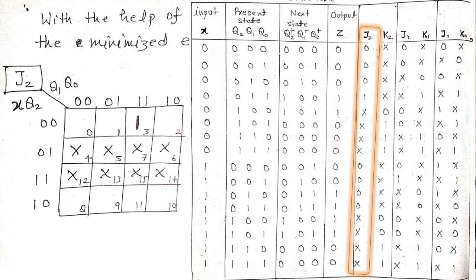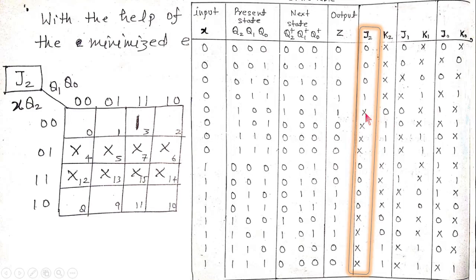literals in the expression. So 1 is where 0 0 1 1, it means 3. 0 1 2 3 4 5 6 7 8 9 10 11 12 13 14 15, this is the K map location. So 1 is at 3, means 0 0 1 1. What is the sequence? X Q2 X Q2, then Q1 Q0 Q1 Q0. We have filled 1.